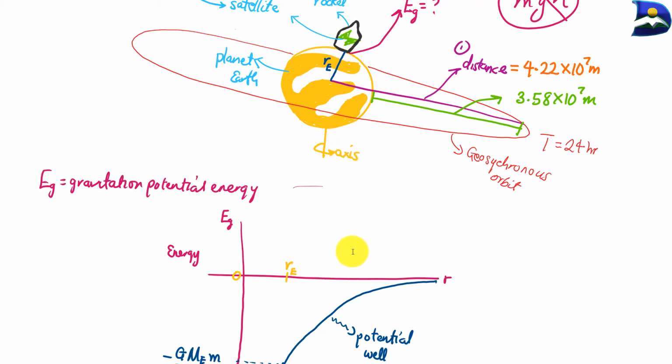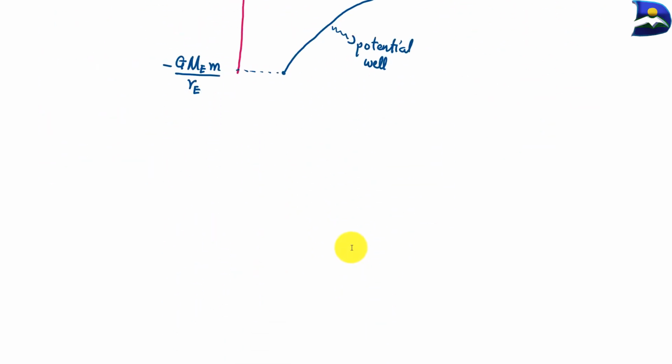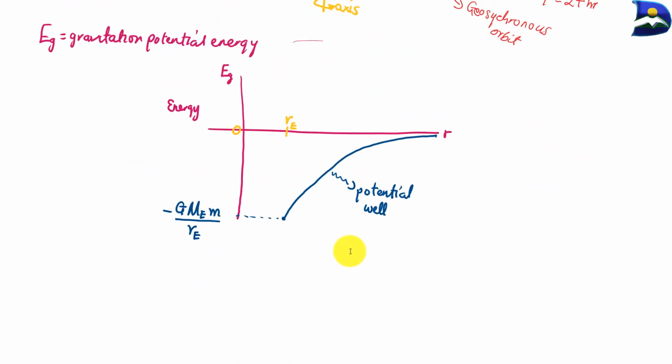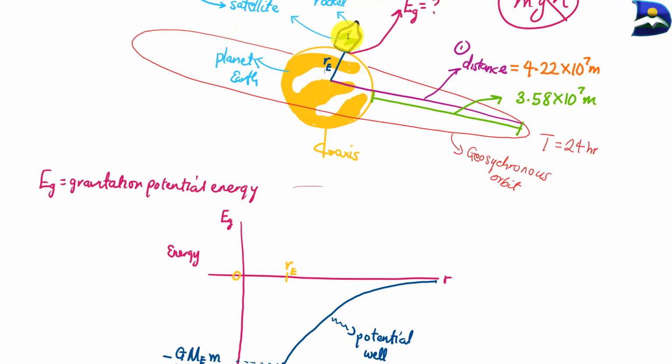Therefore, once we're able to determine this, we can move on to how this is going to make an impact in our overall system, which means that for our satellite to get out of the Earth's potential well, it must have the same energy value, but in terms of kinetic energy, that will be provided by the rocket in order for it to successfully get to the geosynchronous orbit.